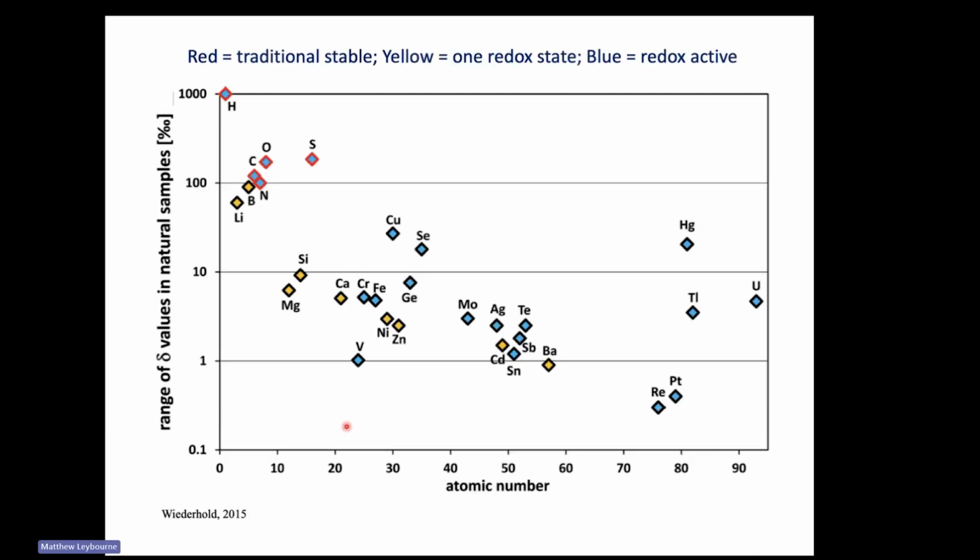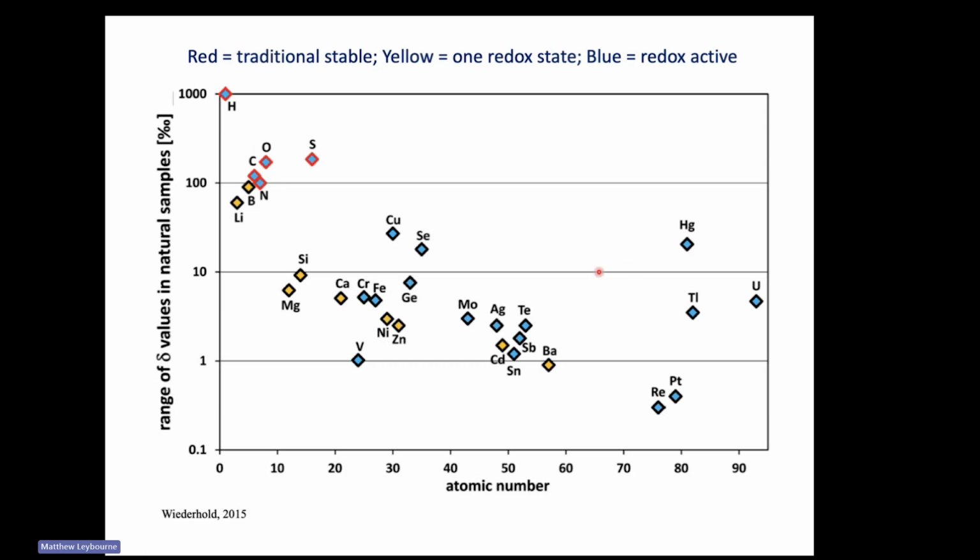To look at it a different way, on the y-axis now is the range of values that we might find in nature for a particular isotope system, and on the x-axis is the atomic number. And what we see here, which I already just said but is shown better graphically, is that as we increase the atomic number, we decrease the extent of isotope fractionation that is typically found, with the caveat that these heavy isotopes, mercury, thallium, and uranium, can have large fractionations because they're very redox sensitive.